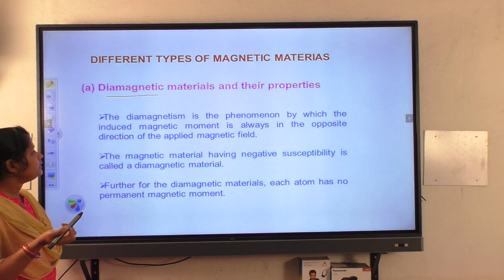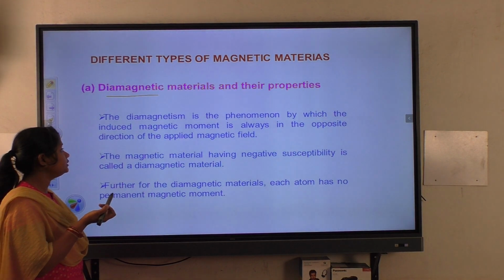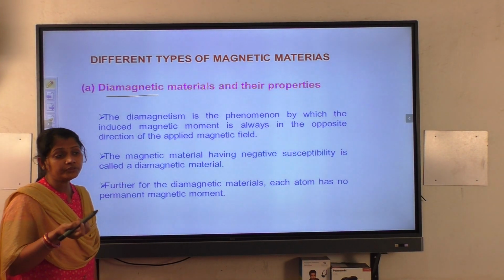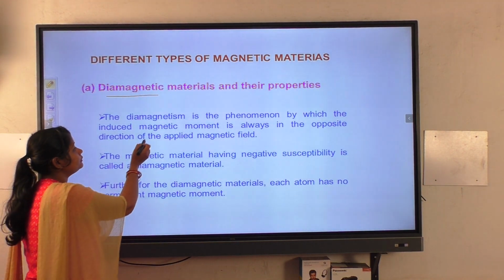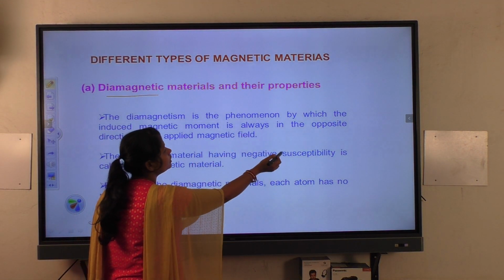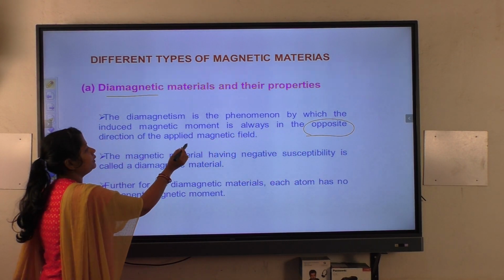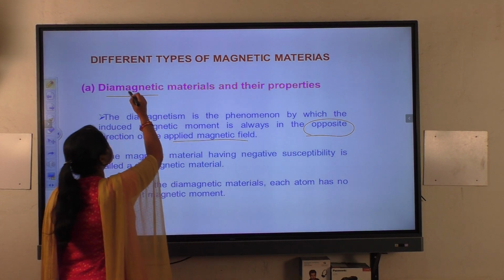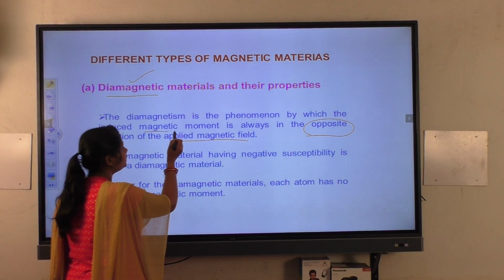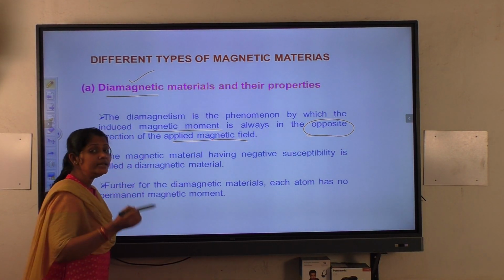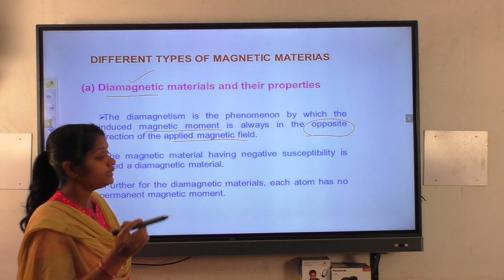In case of diamagnetic materials, the magnetic moment induced in the diamagnetic material is always in the opposite direction of the applied magnetic field.